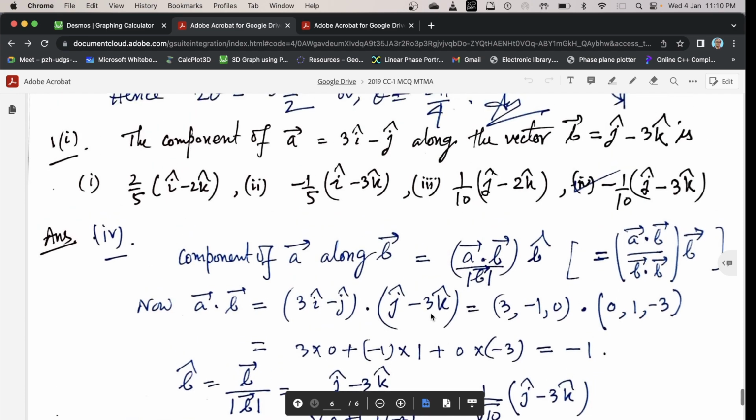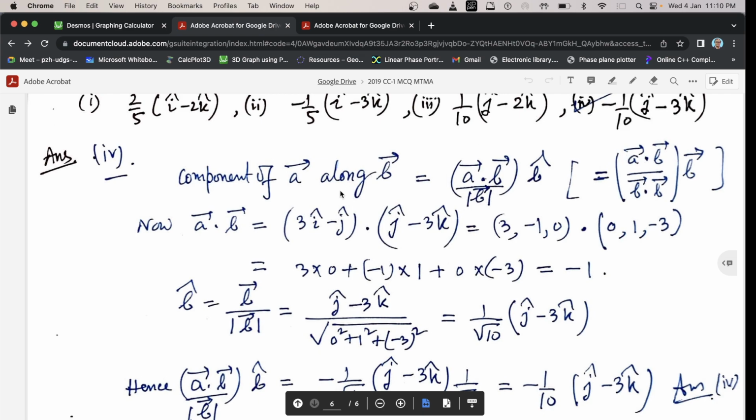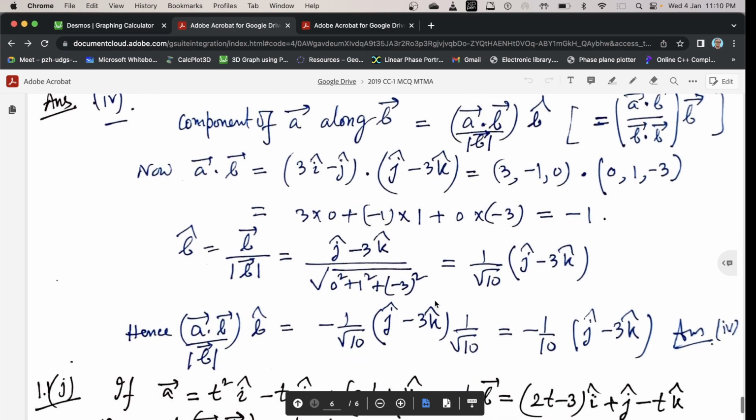Now here A vector is this and B vector is this. So first we find A dot B vector, and this is minus 1, and B cap equals B vector by modulus of B vector. The modulus of B vector is root 10. So A vector dot B vector is equal to minus 1, and B cap is (j cap minus 3k cap) by root 10.